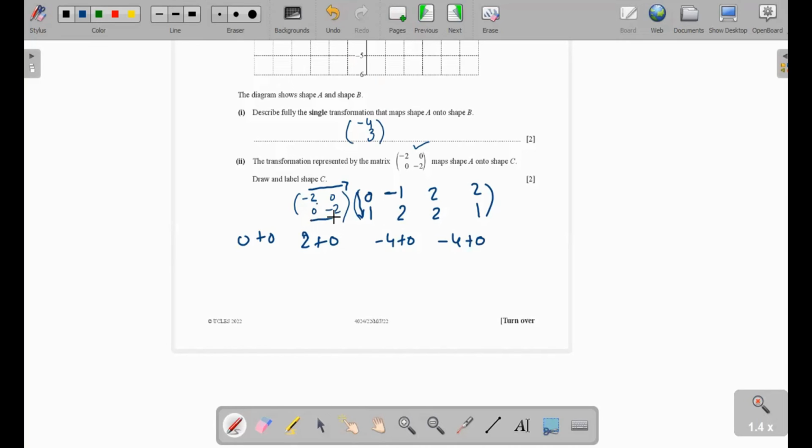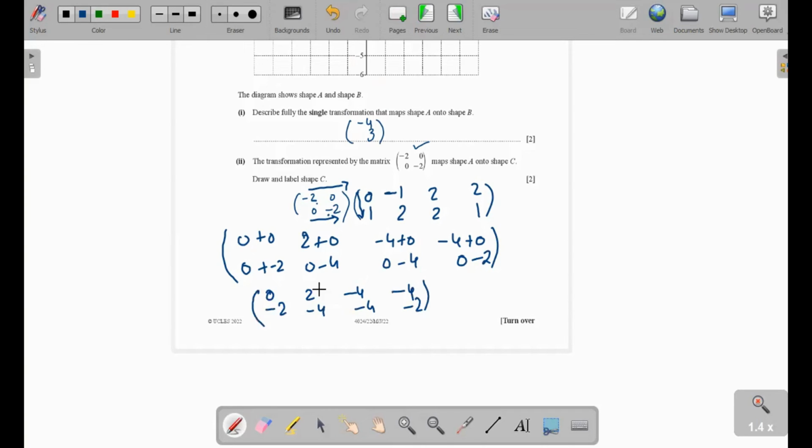Next we take the second row: 0 multiply 0 is 0, minus 2 multiply 1 is minus 2, 0 multiply minus 1 is 0, minus 2 multiply 2 is minus 4, and so on. Now we get the values 0, minus 2, 2, minus 4, minus 4, 4, minus 4, minus 2.